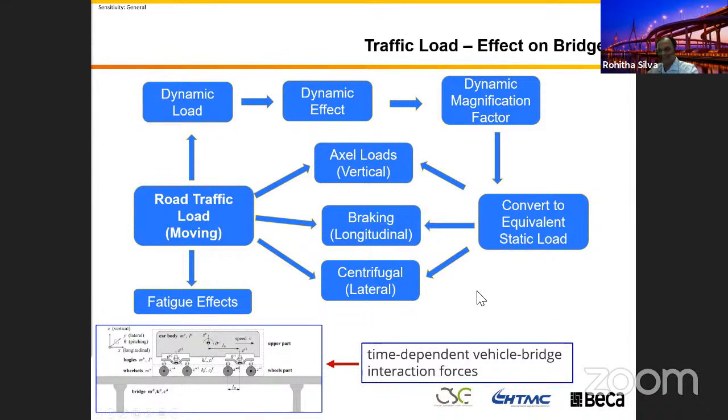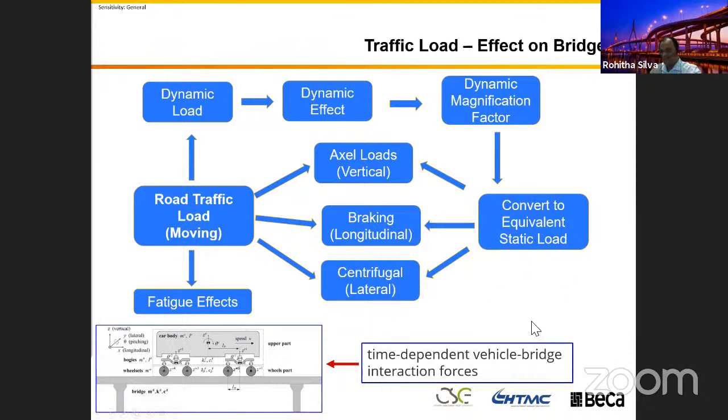Trust me, that is the reality. So you build the bridges, but there are so many uneven surfaces and other things on the bridge. Because of that, this time dependent vehicle bridge interaction prediction is near impossible. But we get an understanding, then we make judgment.